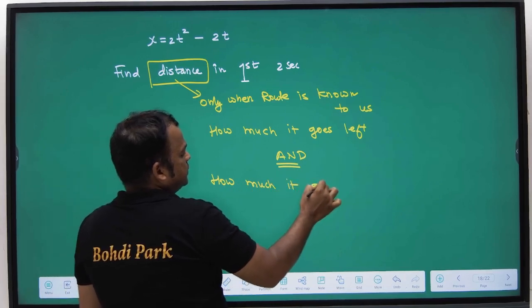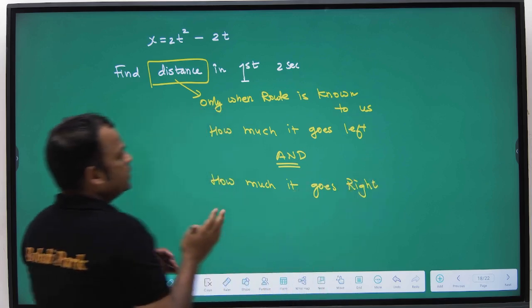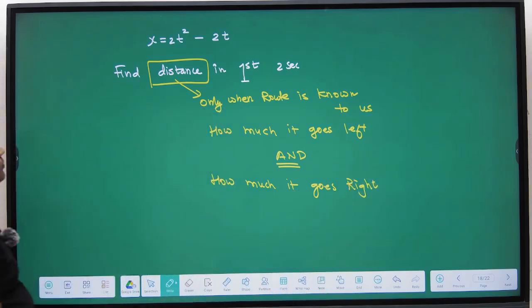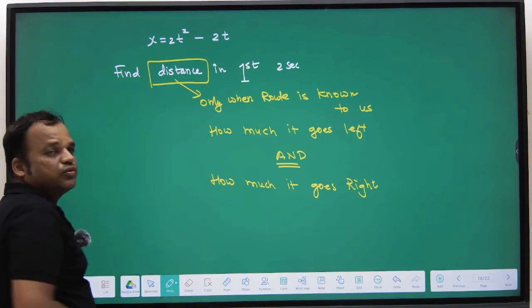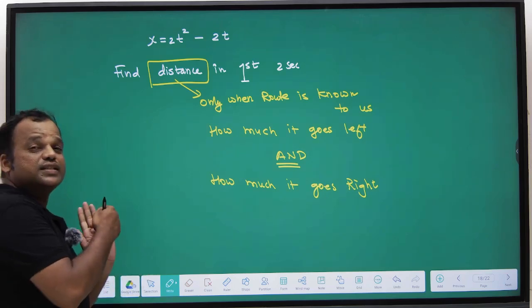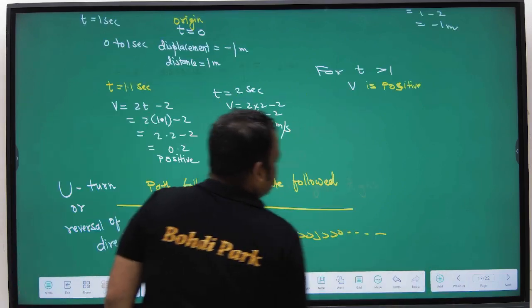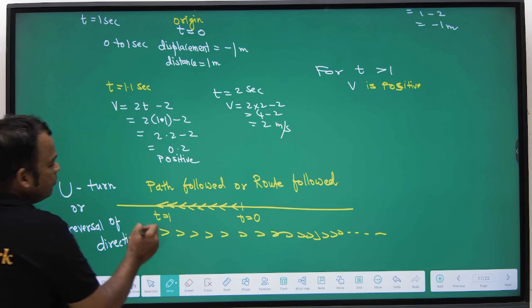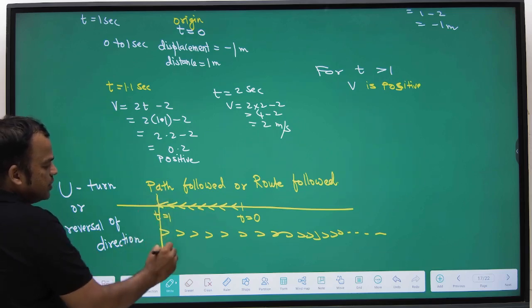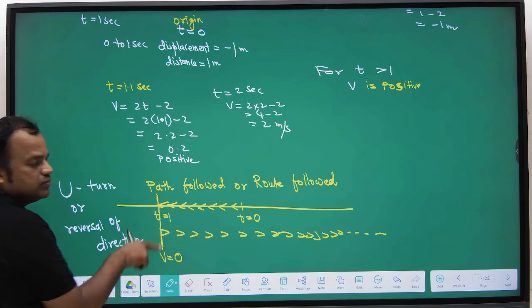For that we have to consider velocity, because when direction is reversed, v is 0. If you observe the previous situation, direction is reversed at 1 second. So here velocity is 0.